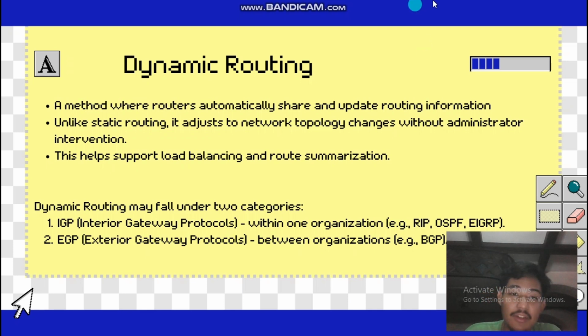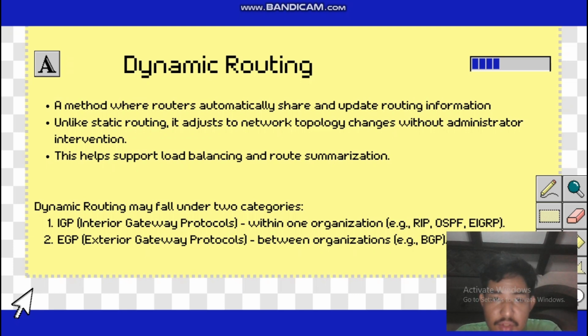For dynamic routing, the routing procedure adjusts to network topology changes without administrator intervention, which is why it is called dynamic. Through this, it helps support load balancing and route summarization, which we will go into a little further down the line.